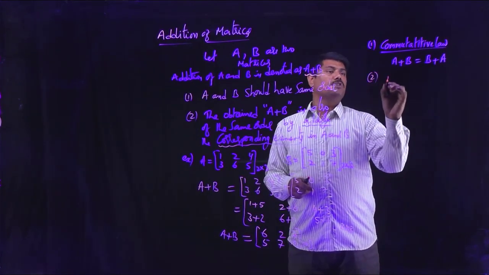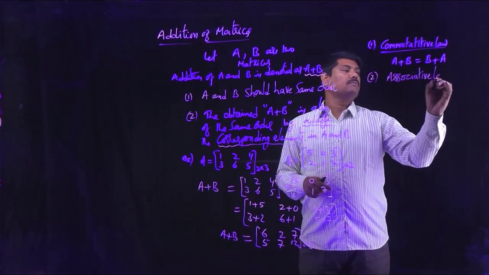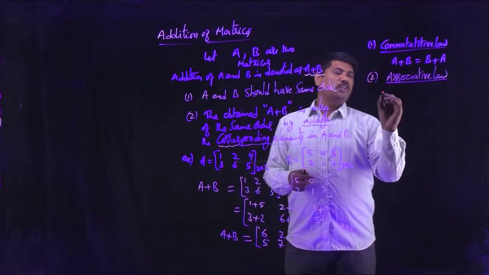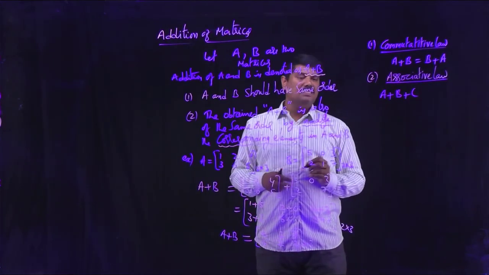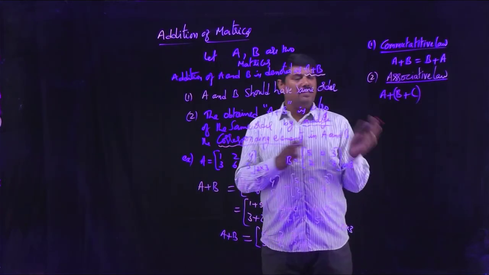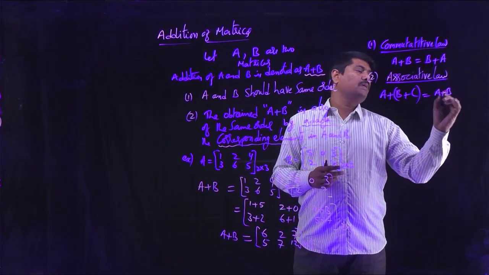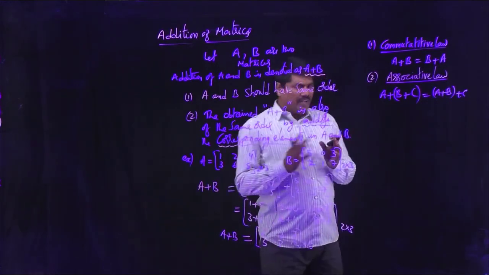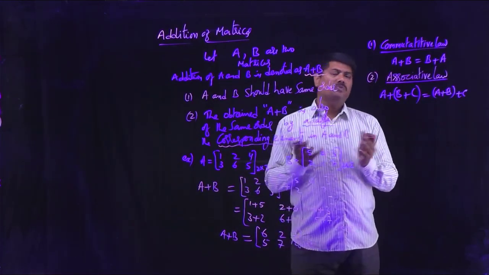Now the second one is the associative law. Associative law means change of brackets. Generally you can remember it like that. When adding three matrices, you can first add B plus C, and later add the obtained matrix to A. This will be equal to A plus B plus C. So while adding three or more matrices, you can add whichever way you are comfortable.